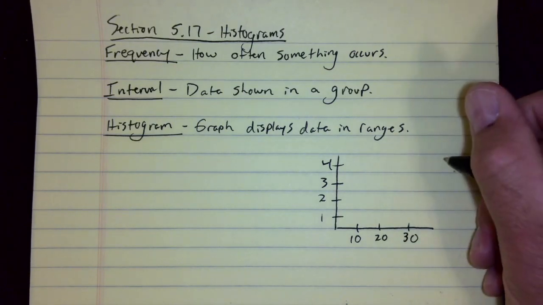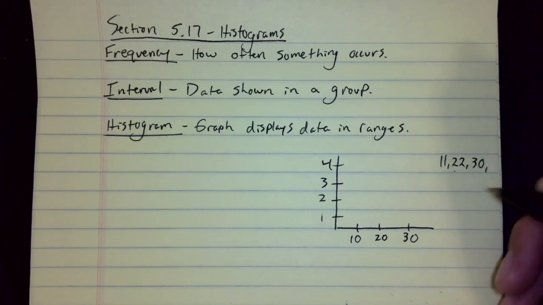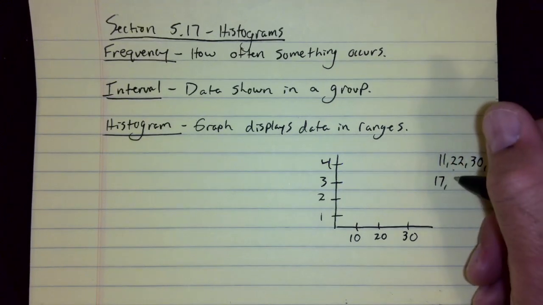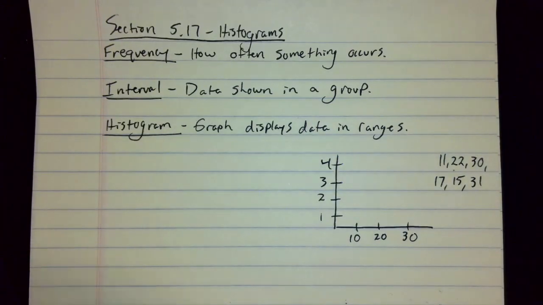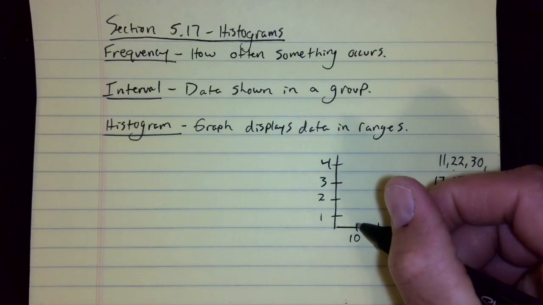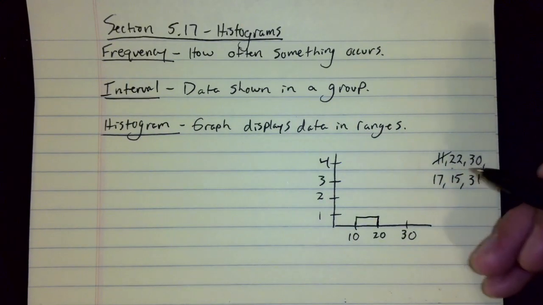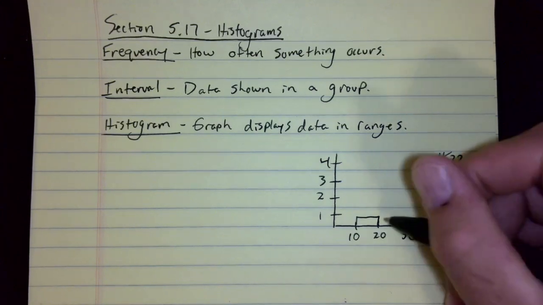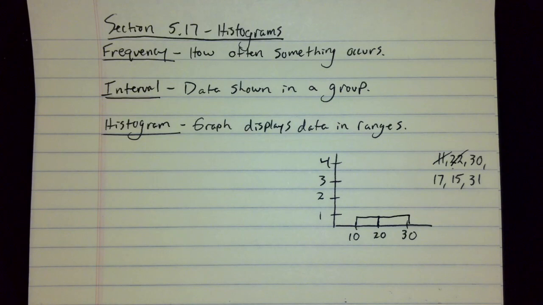And then we'll see some numbers today like 11, 22, 30, 17, 15, and 31. So what we do is we just graph this. So 11 is going to be between 11 and 20. So we cross that off on there. And then 22 is going to be between 20 and 30. So we cross that off.